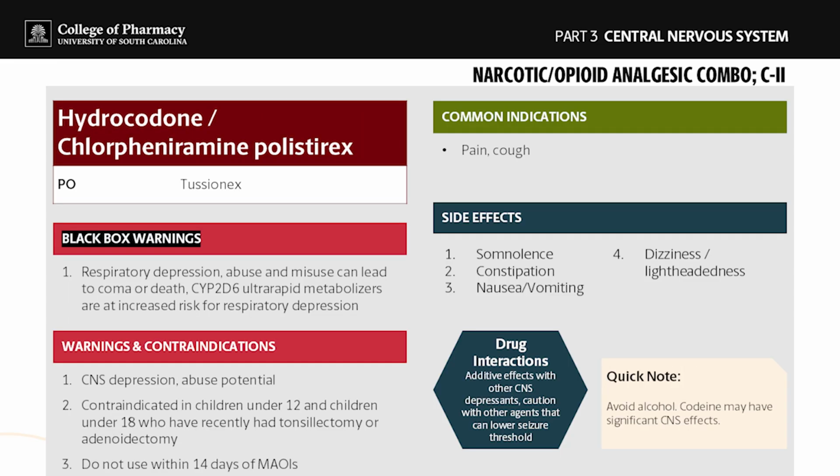Here's another narcotic opioid analgesic combo, which is a class 2. Its brand name is Tussionex. The generic name is hydrocodone chlorpheniramine polistirex. This is a cool medium that this drug is in, the polistirex medium. So it can be used for pain, but more importantly, it's used for cough. This drug has to be shaken extremely well.